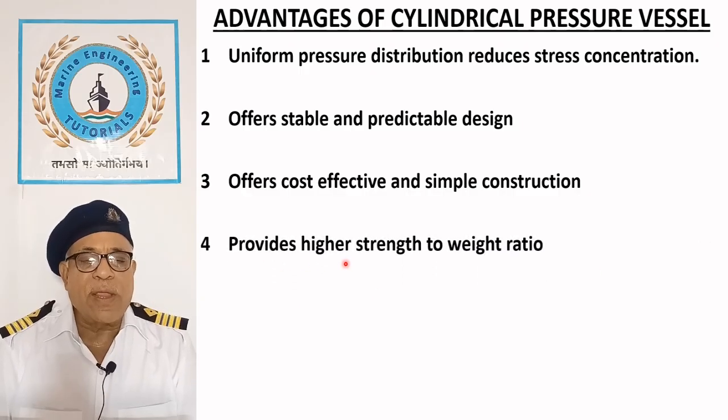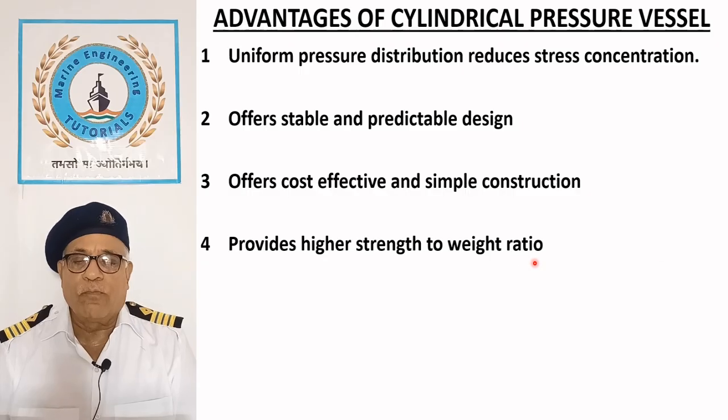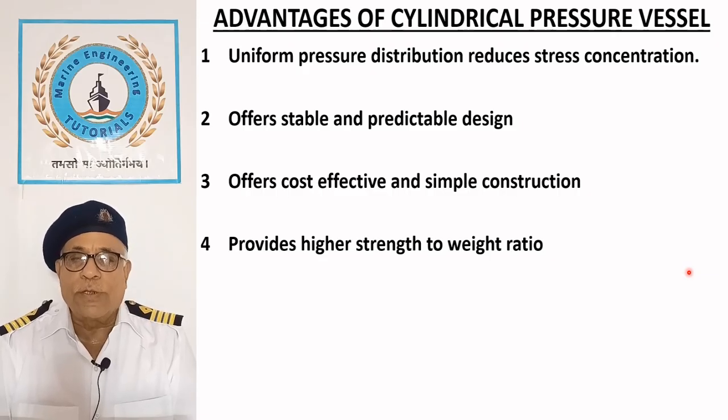Provides higher strength to weight ratio. In a cylindrical shell, internal pressure exerts uniform forces across the surfaces, leading to an even distribution of stress along the walls. This allows for efficient use of material, resulting in a higher strength to weight ratio.